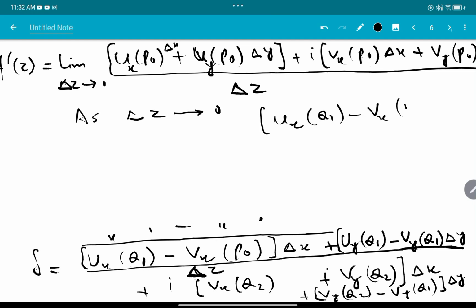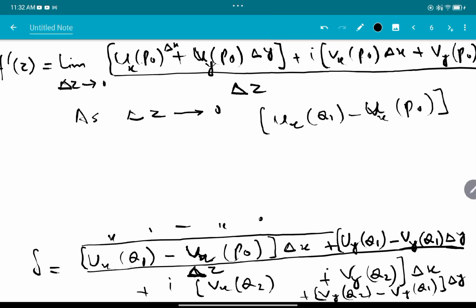It should be UXP1, not UY. UXP1 is UXQ1 minus UXP naught, yes, UXQ1 minus UXP naught. This is the term.